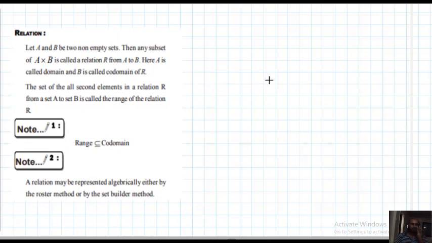Now, relation. Generally in mathematics, while comparing two quantities, we use the word relation. For example, these are two quantities x and y.